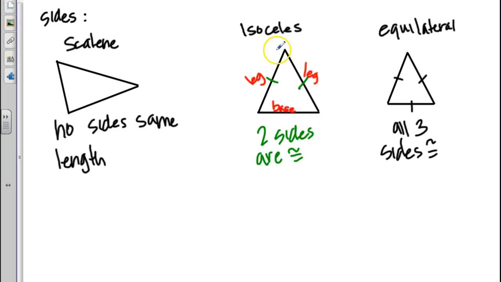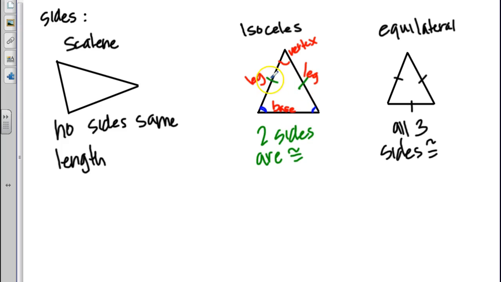And the side opposite this vertex angle, where the two equal legs meet, is called the base. All right, base angles. The angles down here with the base are congruent. On an isosceles triangle, base angles are congruent.